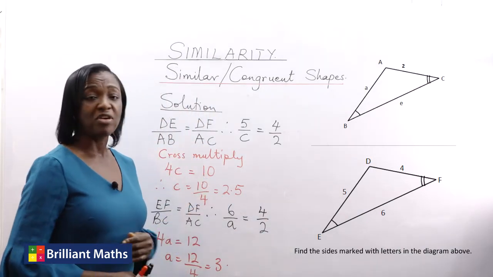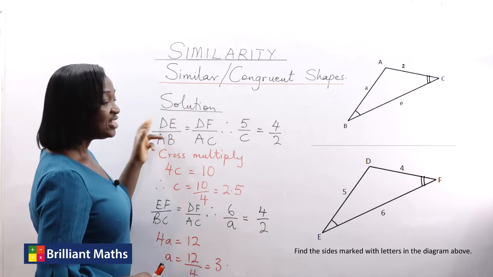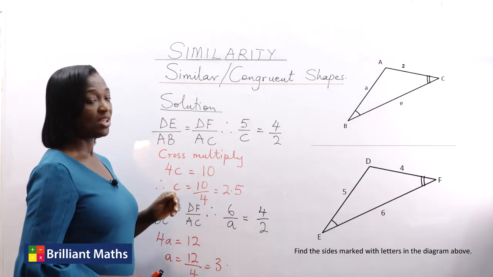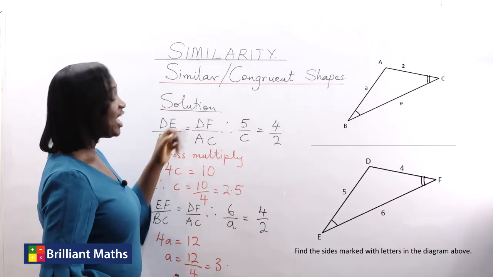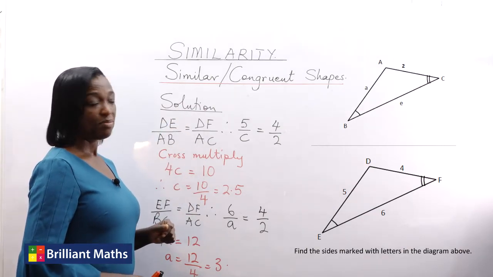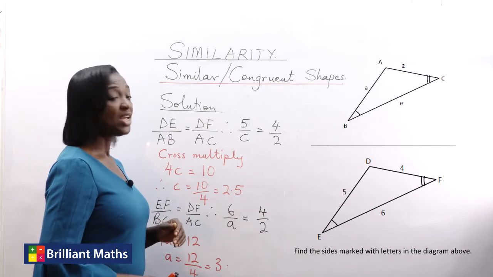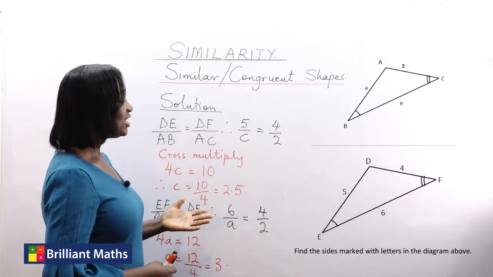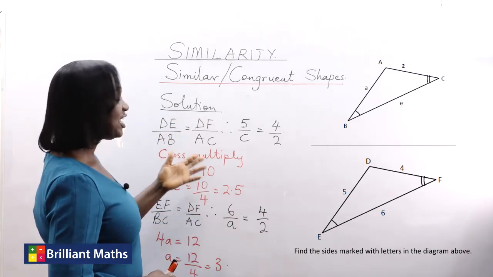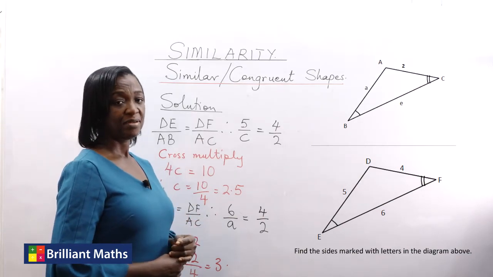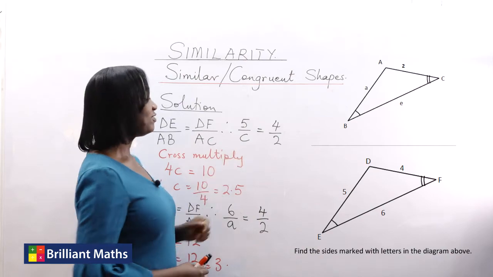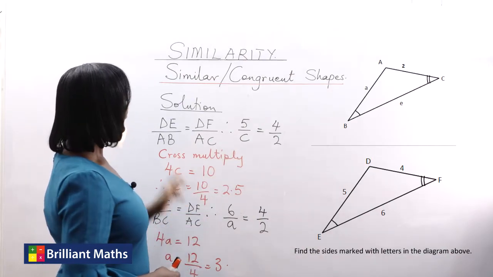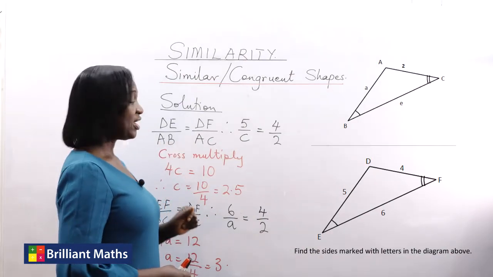So, ratio of corresponding sides. DE corresponds with AB. So, DE over AB will be equal to DF over AC, because DF also corresponds with AC. And we're finding the unknown sides C and A. So let's put in the dimensions. DE is equal to 5 centimeters, and AB is unknown.